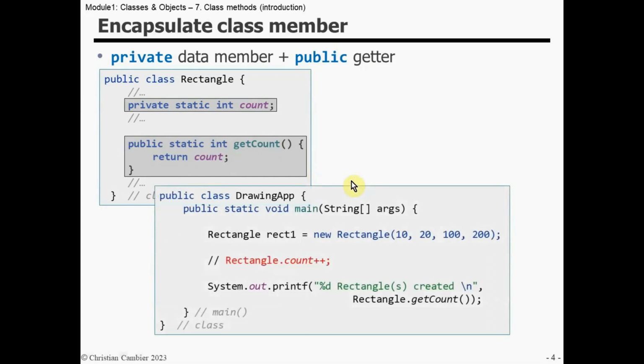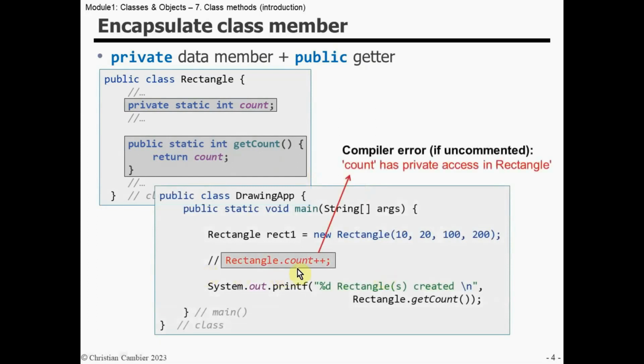So the clients will now not be able to change that value, because if we uncomment this line, we will receive a compiler error. Count has private access in rectangle. The only way now the client can read the value is by invoking the static method, so the class method getCount.